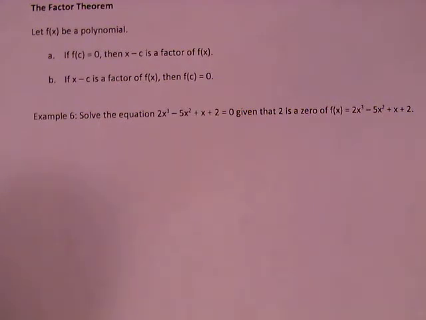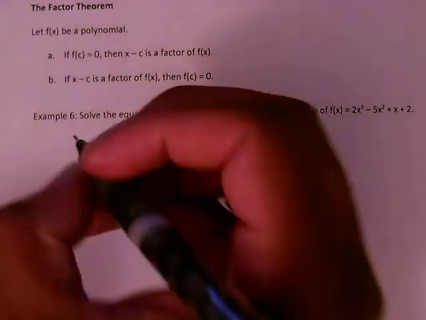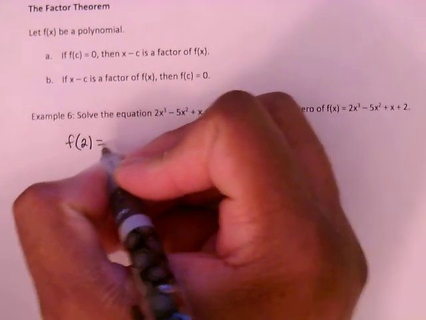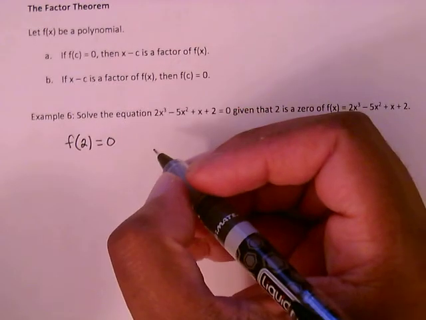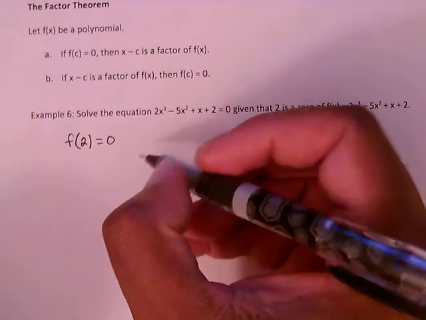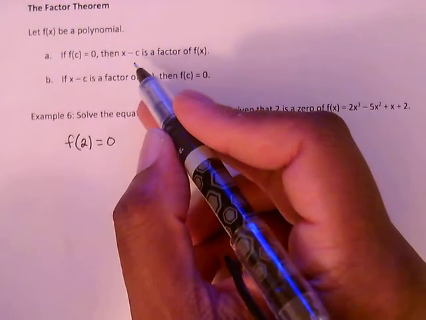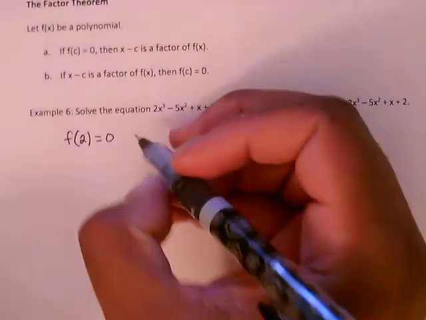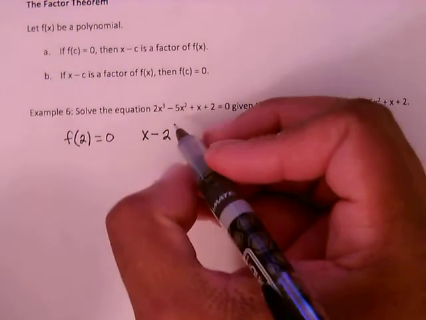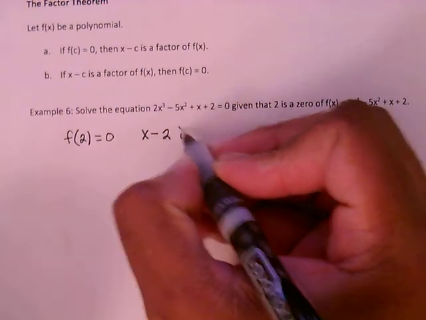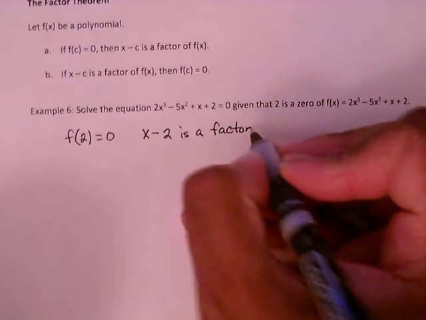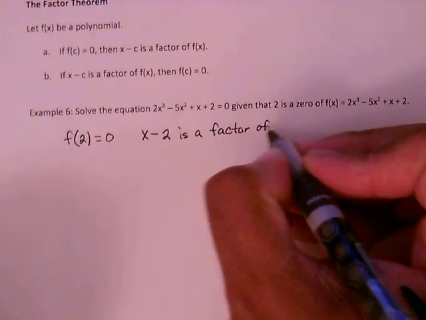Well, if I know that 2 is a 0 of that function, that means f of 2 must be equal to 0. And that also means, by this factor theorem, x minus the constant, which is 2, is a factor of that function f of x.